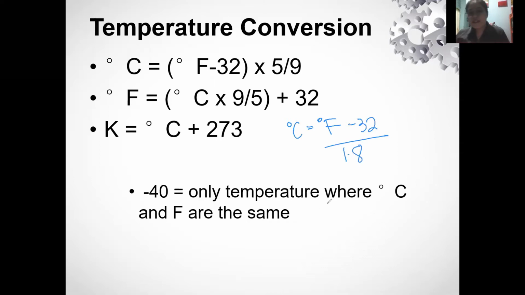Instead of 5/9, we'll be using 1.8, because most of the students are confused with 5/9 and 9/5. So degree Fahrenheit is equal to degree Celsius times 1.8 plus 32. That's the difference between them.